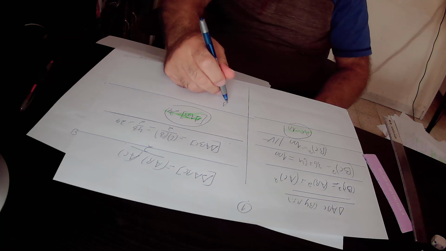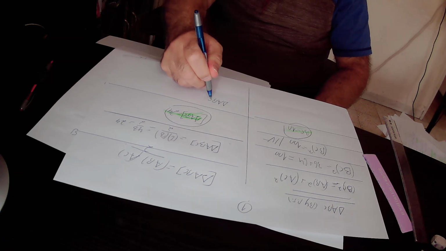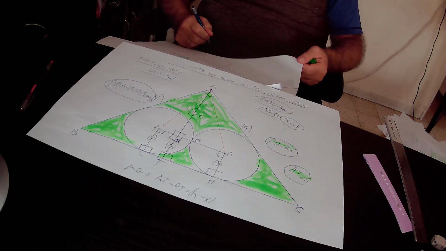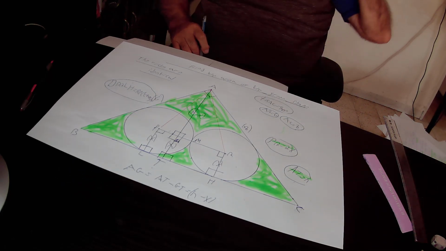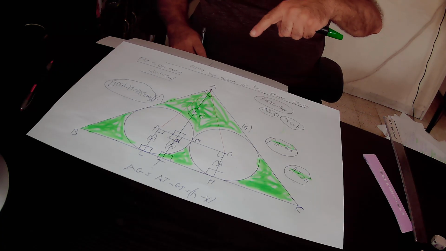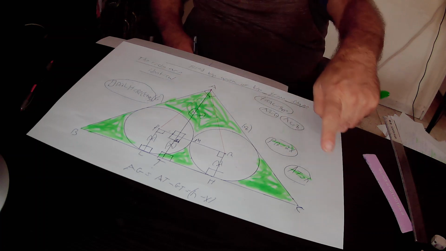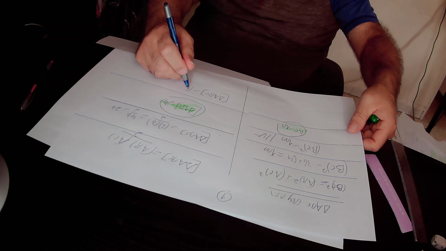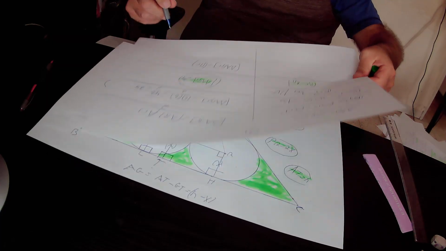The area of triangle ABC is equal to the base of the triangle times the height over 2. So the area of triangle ABC equals the base BC times the height to the base.